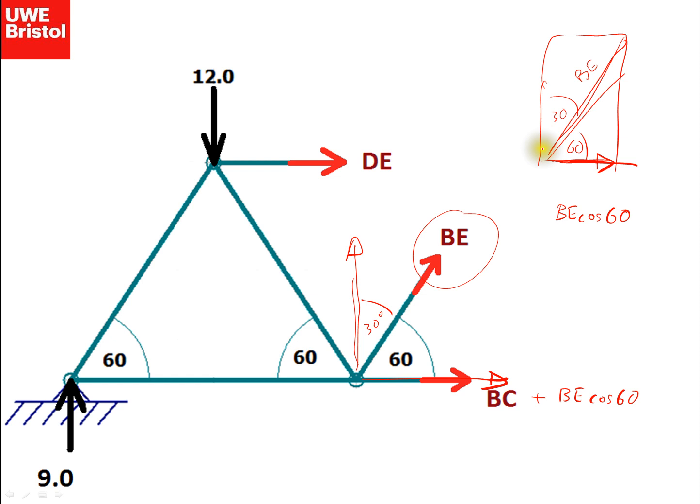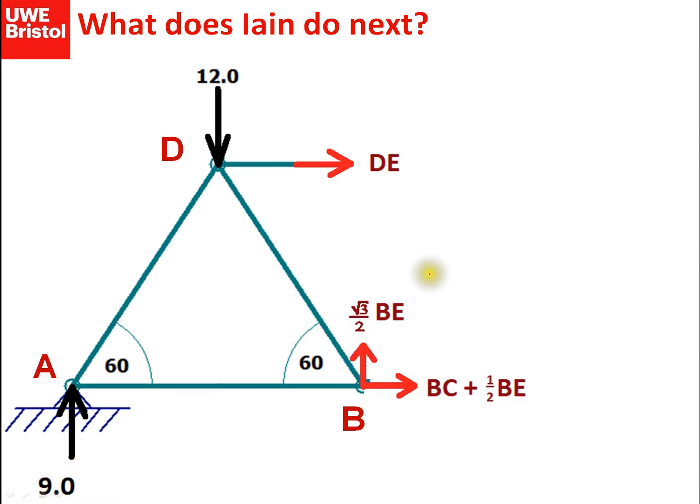And if we want to resolve BE going straight up, then that becomes BE times cos 30. So going straight up, it will be BE times cos 30. Okay, so I can get rid of this and replace it with these two components. And that's what we've done here.